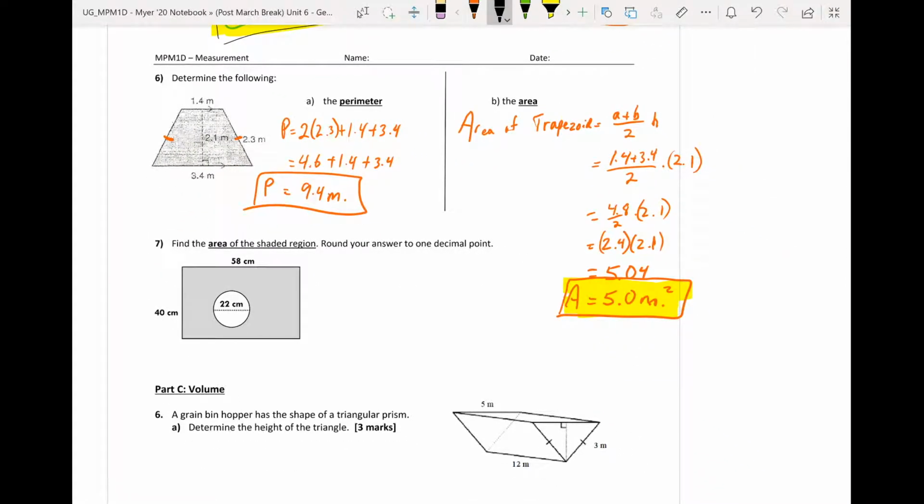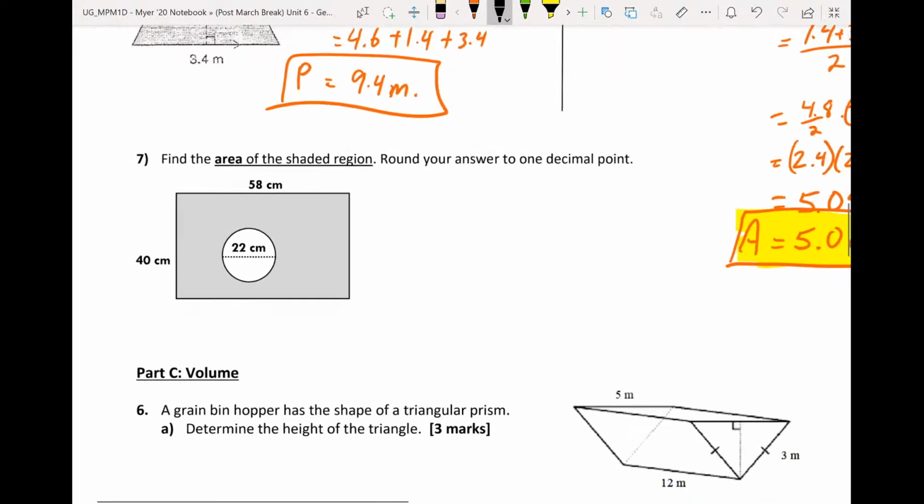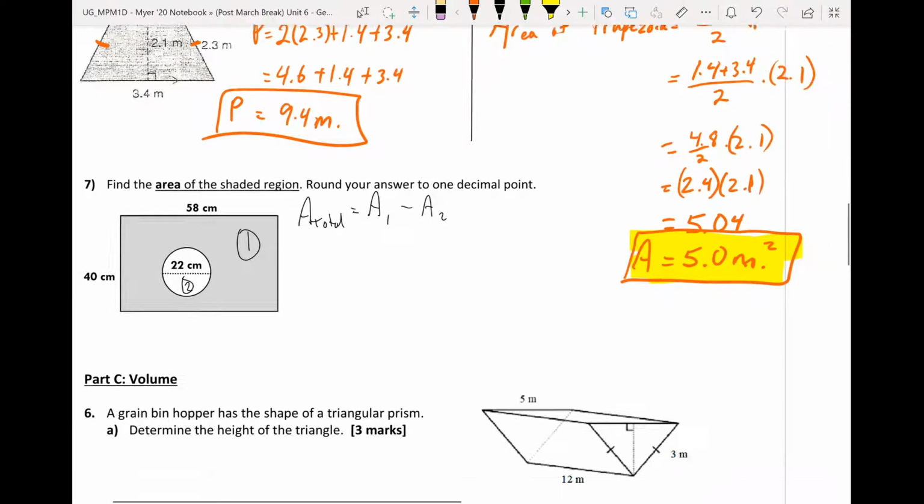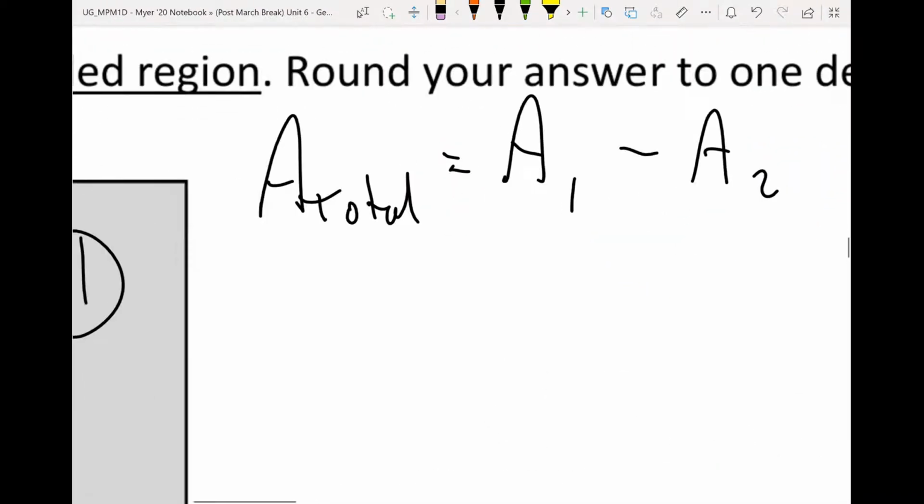Okay, so far so good. One last area. This one is the shaded region. So we're going to subtract the unshaded region, right? So we have to find the area 1 and area 2. So area total is equal to area 1 subtracted by area 2. So let's do this in a bigger scale here.